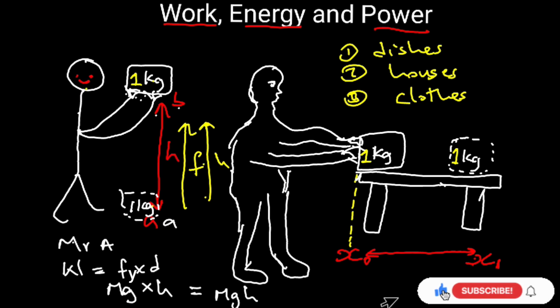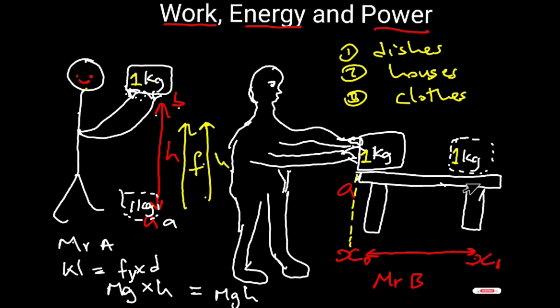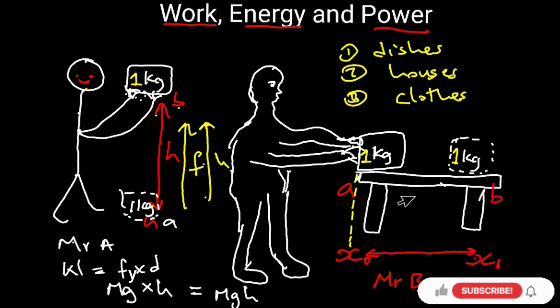So let's take another example. Let's come to this Mr. B. This Mr. B pushes this 1 kg block from say point A to point B. So he applied a force and pushes it to the right. This is our force here, and by pushing it, it causes a displacement.